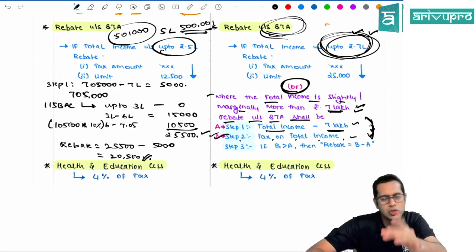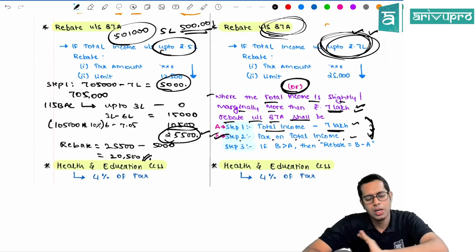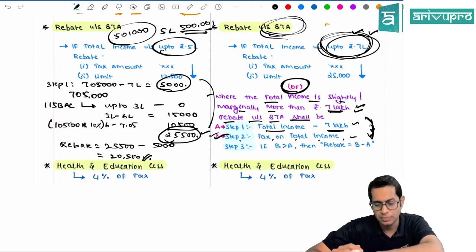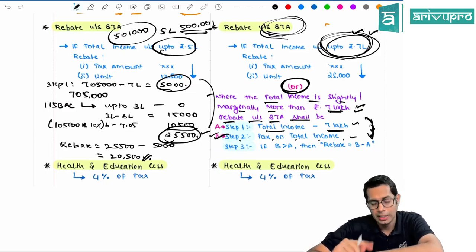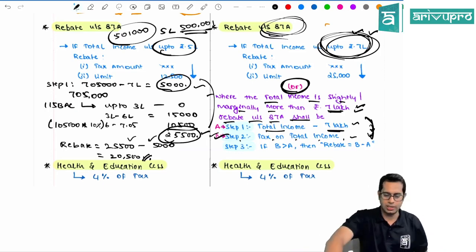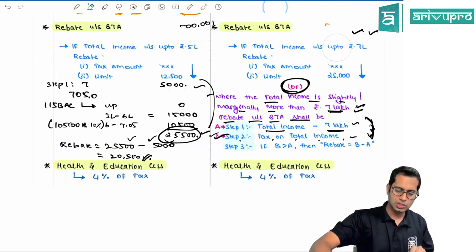Then calculate the tax on your total income and compare it with the extra income. If the tax on total income is more than the extra income, then you will get a rebate. The rebate is the difference between the tax on total income and the extra income. So this is one rebate calculation.